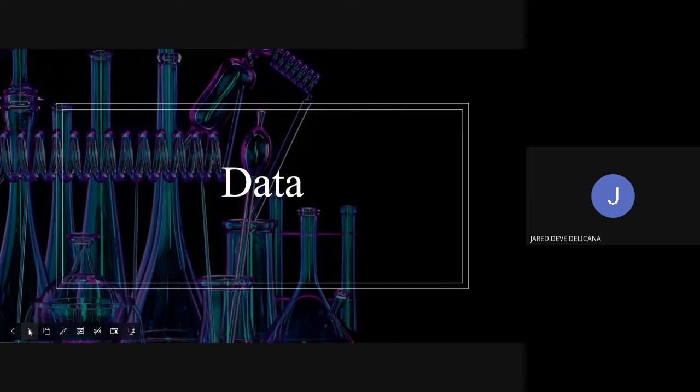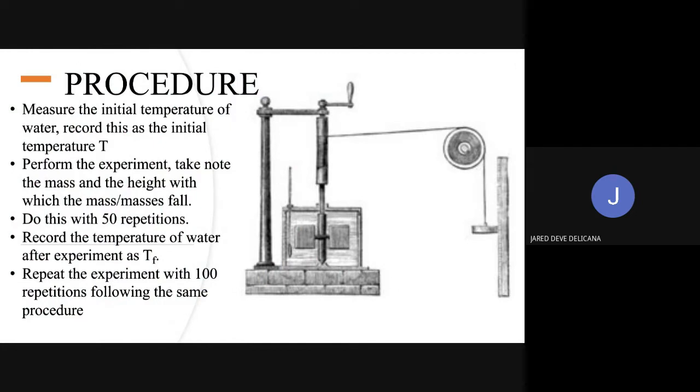So now we have to get our data. In getting our data, it is important to follow a very good procedure. In this setup, I come up with this procedure. Measure the initial temperature of water and record this as initial temperature T. Perform the experiment, taking note of the mass and the height from which the masses fall.